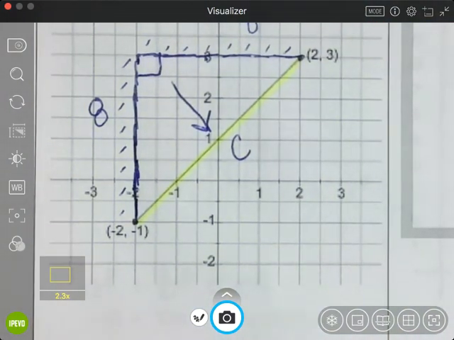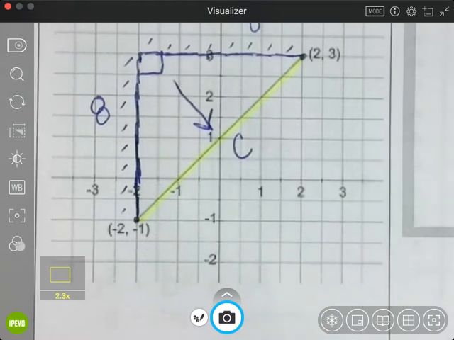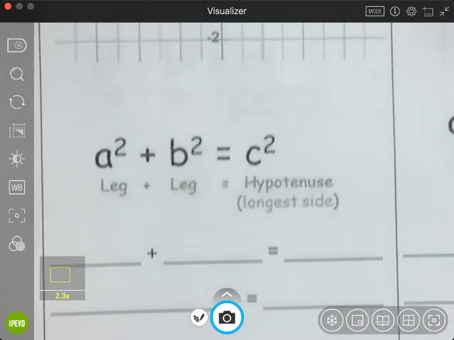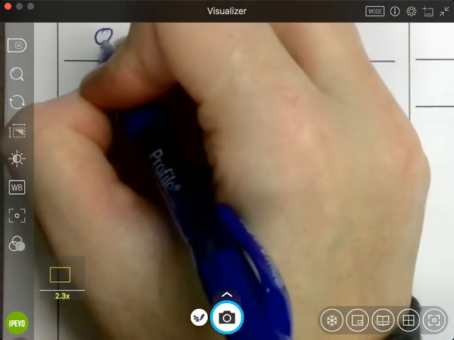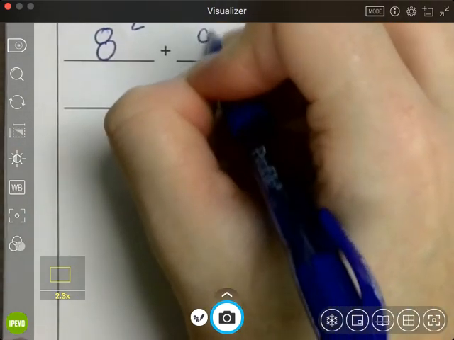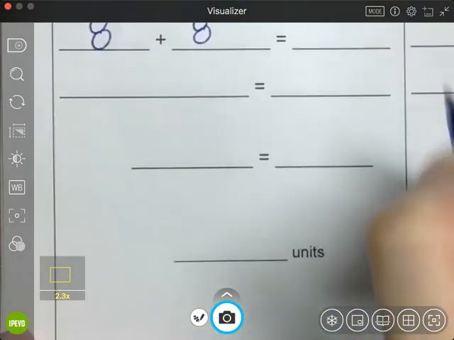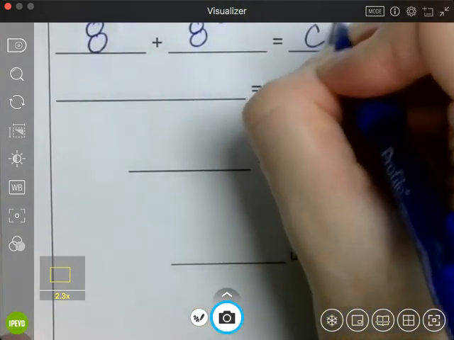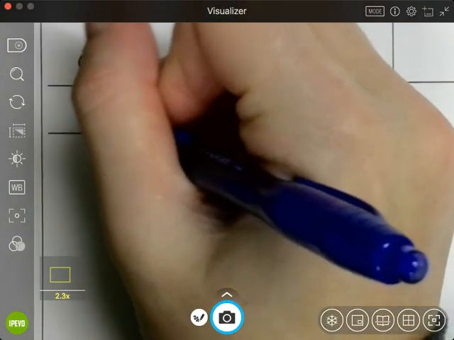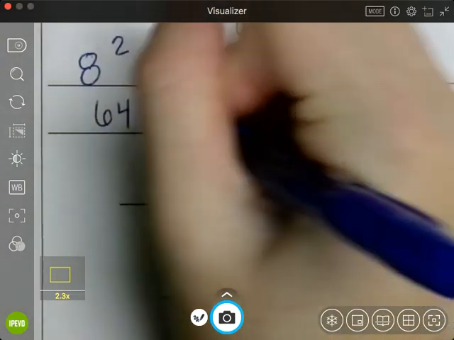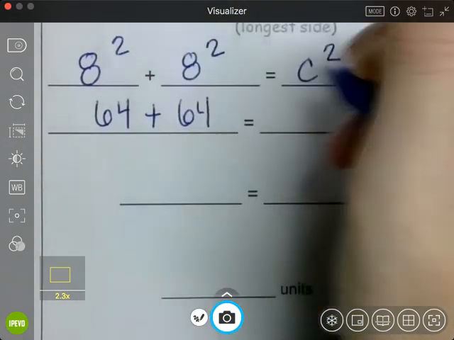So then we are going to plug in our legs. So I have 8 squared plus 8 squared equals c squared. 8 squared is 64. 8 squared is 64.